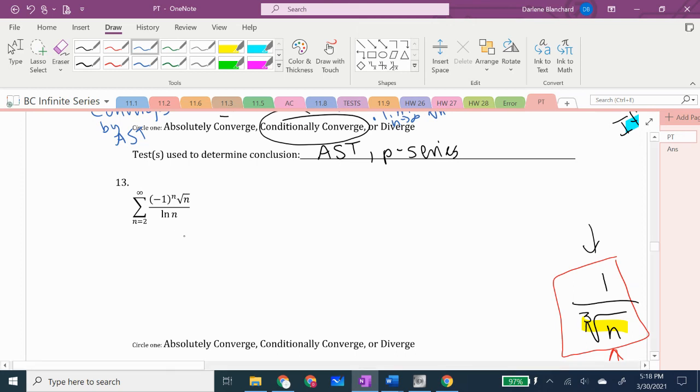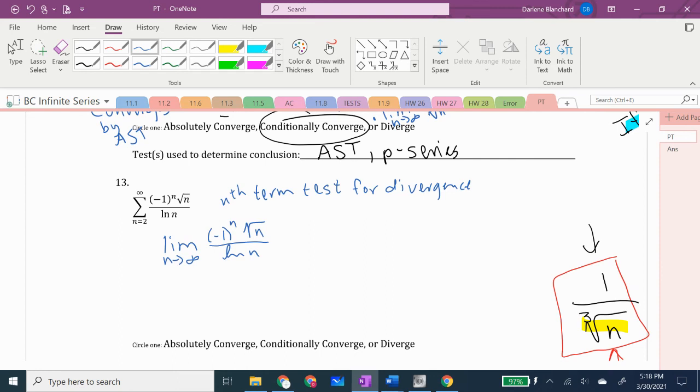Take it to the nth term test for divergence. And with that, you have an oscillation toward infinity. Now, if it was an oscillation toward 0 of positive negative numbers, the answer to this limit would be 0.